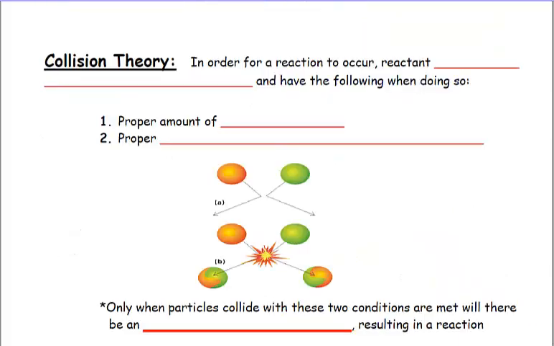Well, we have to talk about the collision theory in order to give us an idea of how a reaction is going to occur, whether a reaction is going to occur. So the collision theory, this goes back to Unit 6, relates to the kinetic molecular theory. We're talking about kinetics. So in order for a reaction to occur, reactant particles must collide.